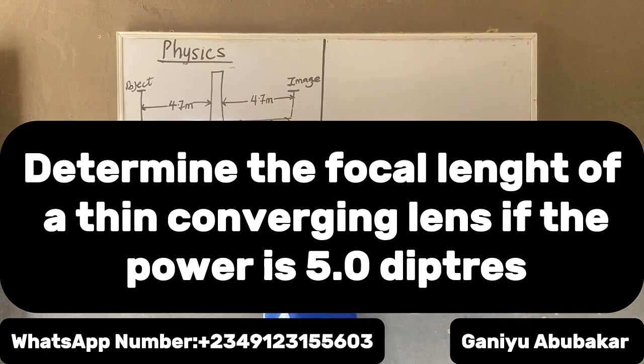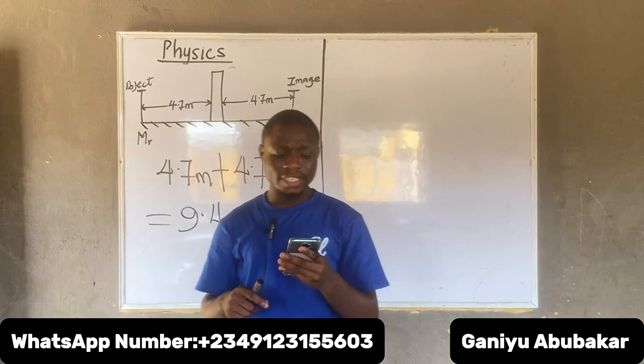It says determine the focal length of a thin converging lens if the power is 5.0 dioptre. Look at this, please. It says determine the focal length.